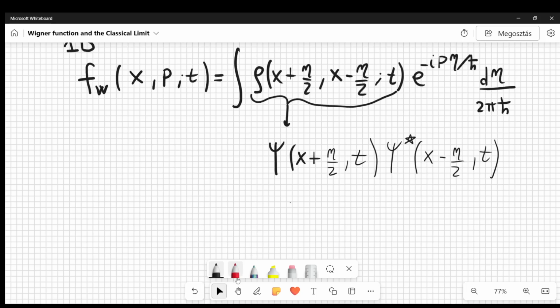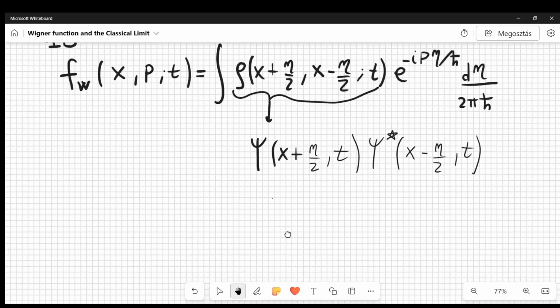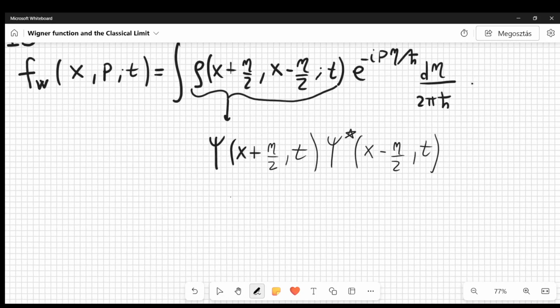And since I want to lighten the notation a bit, I will define this psi evaluated at x plus eta over 2 as psi plus, whereas this psi of x minus eta over 2 will be psi minus, and of course I still have the complex conjugate here. So this will simplify our notation a little bit.